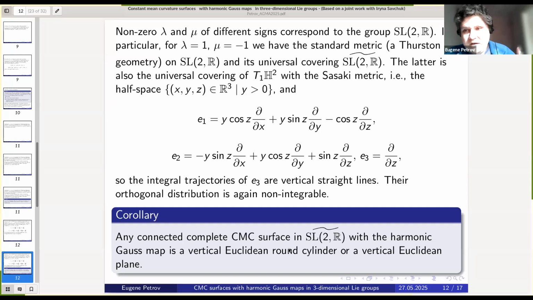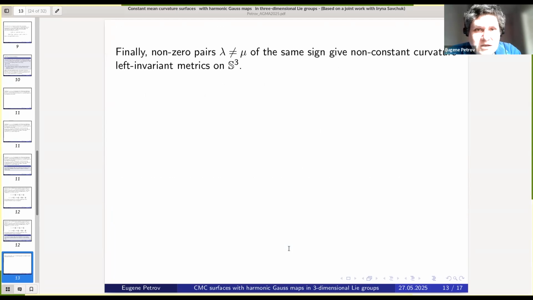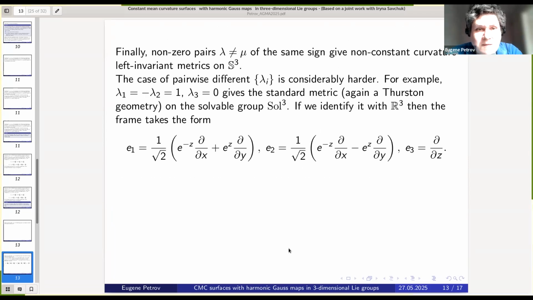So it's simply cylinders over the curves of constant curvature in H2. And for non-zero pairs of the same sign, we give some non-standard left invariant metrics on S3 without constant curvature, and we have the same type of results in this case.